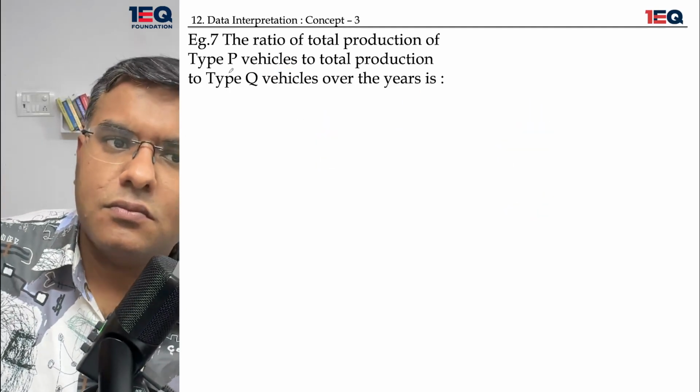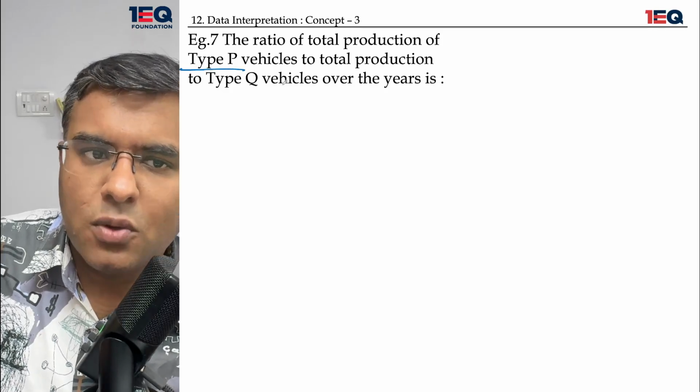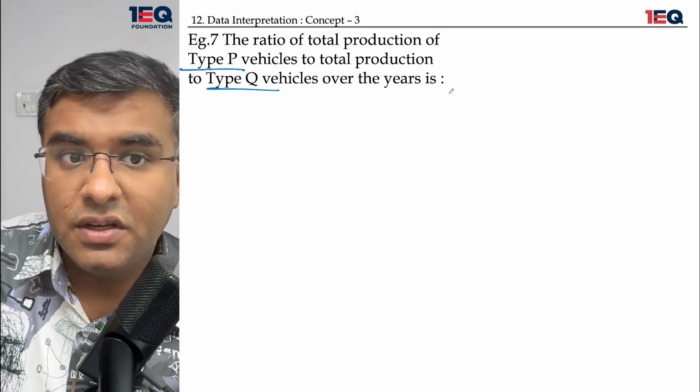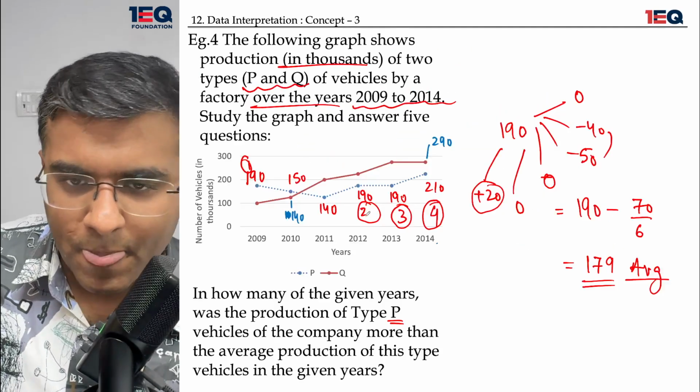Moving ahead. The ratio of the total production of type P vehicles to the total production of type Q vehicles over the years is asked, okay?